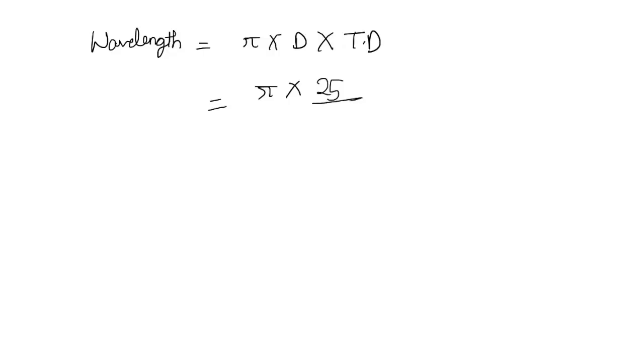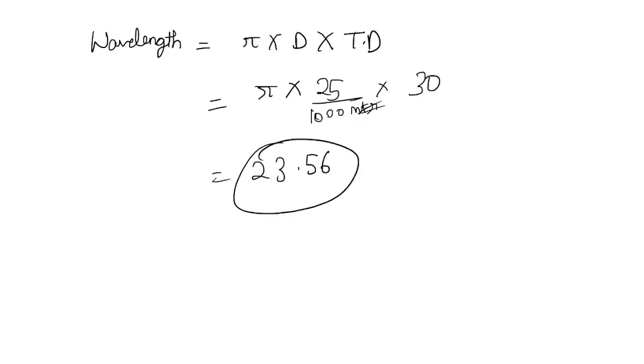So 25 mm, divided by 1000 to convert to meter, into the total draft, which is 30. The wavelength in meter will come out to be 23.56 meter. Please check whether it is 2 decimal places or 1 decimal. It is 2 decimal places, so this is the correct answer.